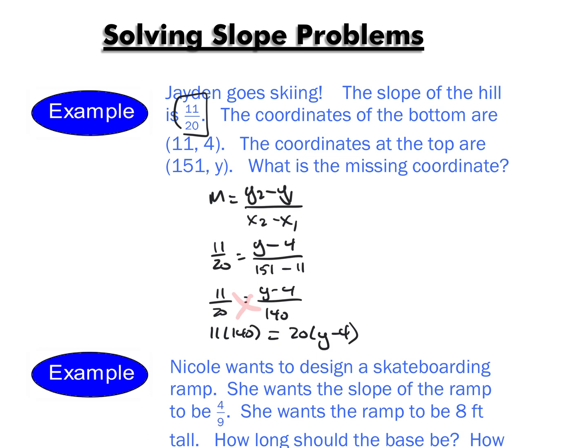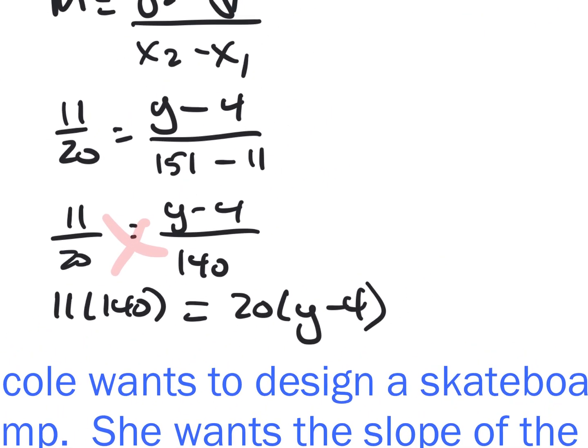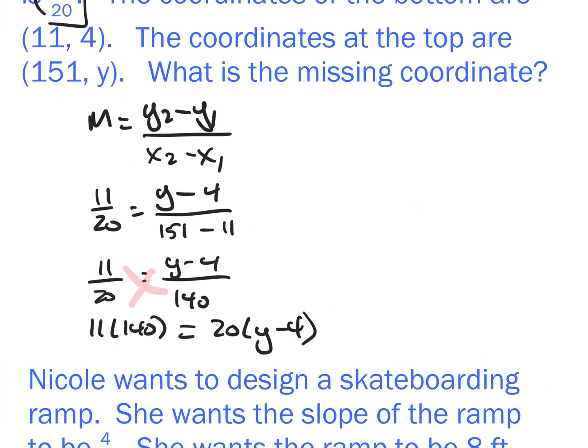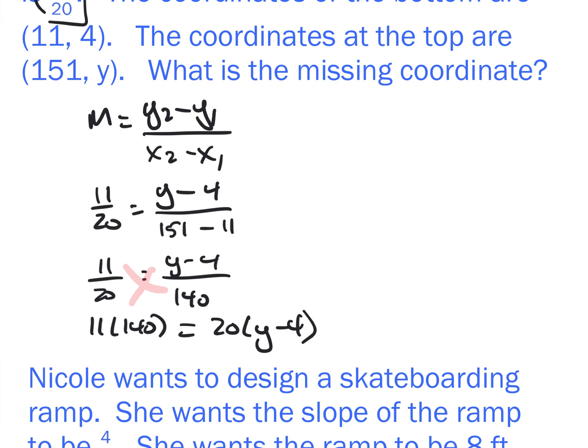Now, after that, what we're going to do is first we'll deal with the left side. Specifically, we're going to take 11 and multiply it by 140. So what's 11 times 140?